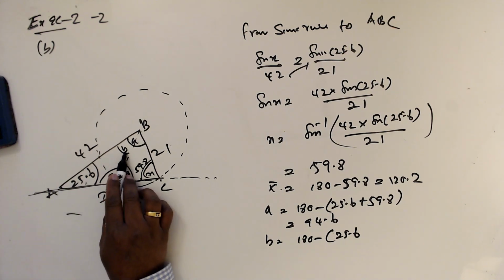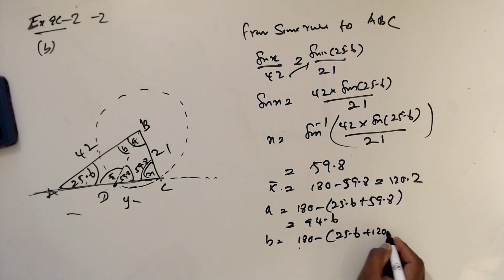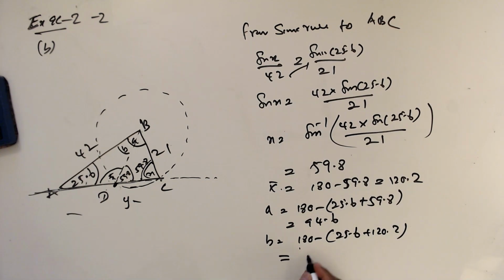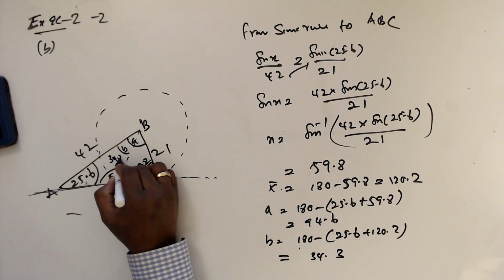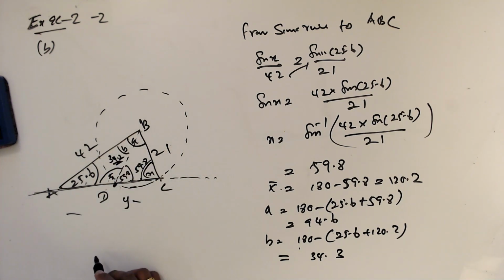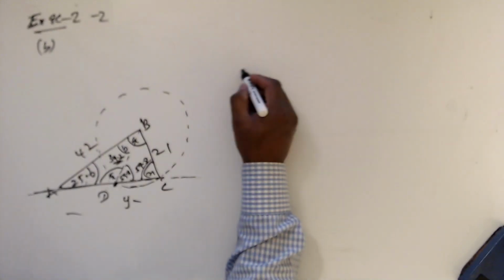So this B value is going to be 180 minus (25 plus the X bar we found out, 120.2). Then the B value is going to be 34.2. So this is going to be 34.2.